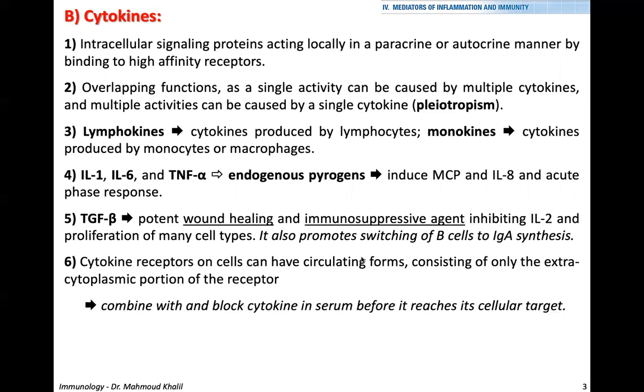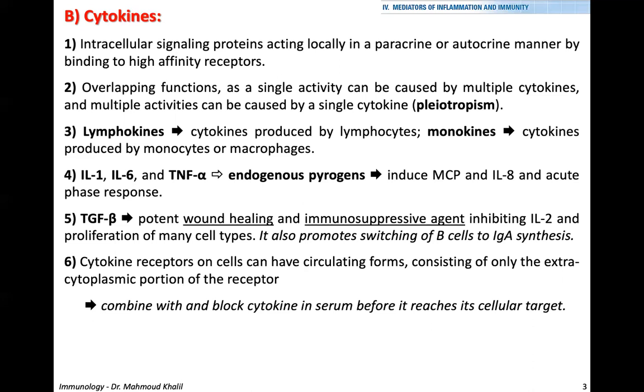Cytokine receptors exist on many cell types, and they can circulate in the circulatory system. Actually, not the whole receptor circulates. Only the extracellular portion of the receptor can circulate, and it can combine with and block the cytokine in the serum before it reaches its cellular target.